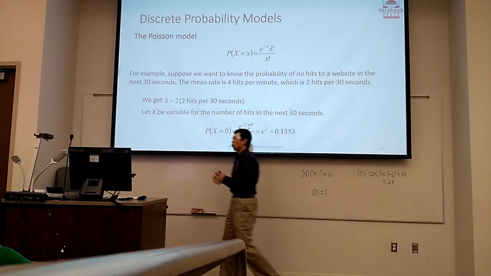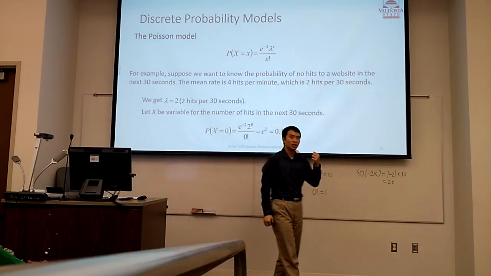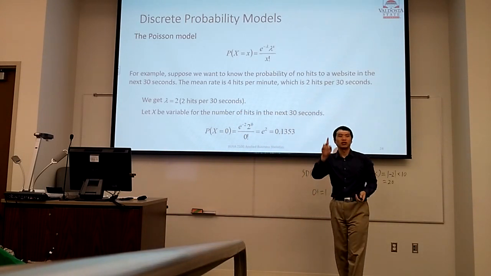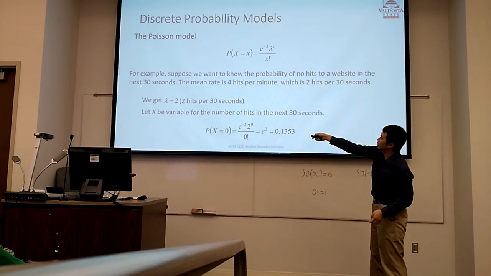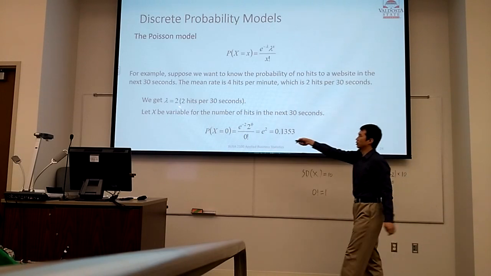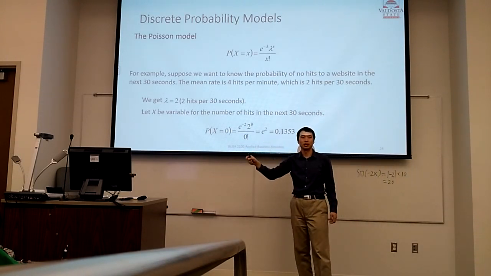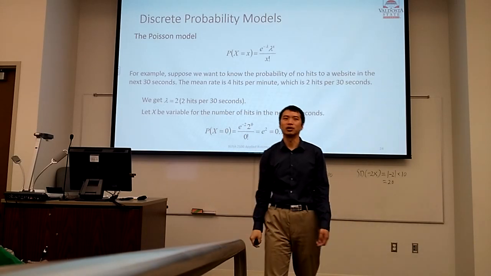But here, based on this description, we want to know 2 things. First one is the parameter, the lambda. The lambda is 2 hits per 30 seconds. So lambda is equal to 2. And how many arrivals are you interested in?